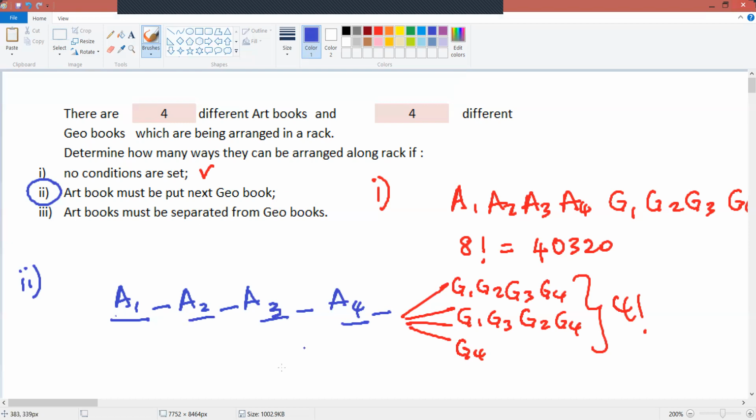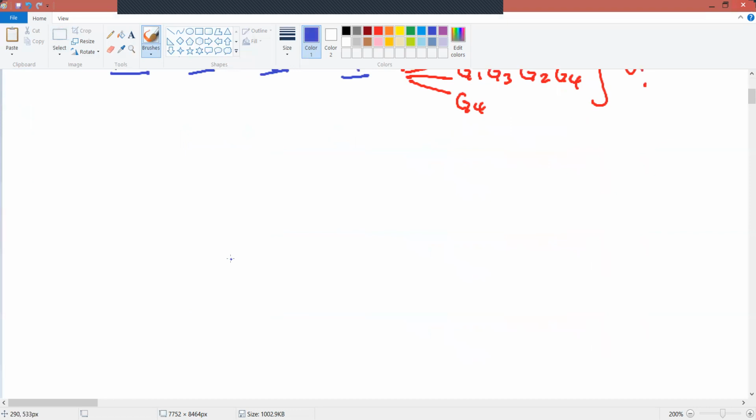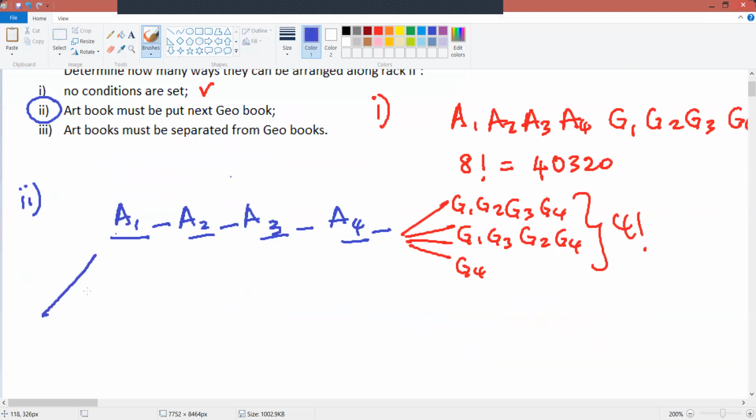Then there will be numerous other arrangements, like A1, and then A3 here, A2 here, and then A4 here. It means there will be another set of G1 to G4 arrangements here, another 4 factorial.